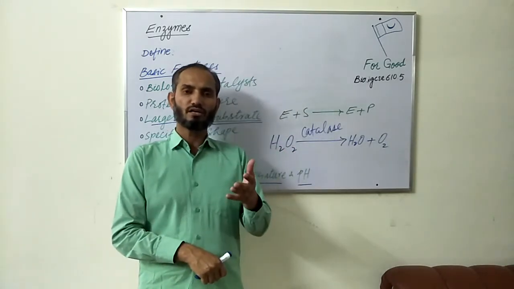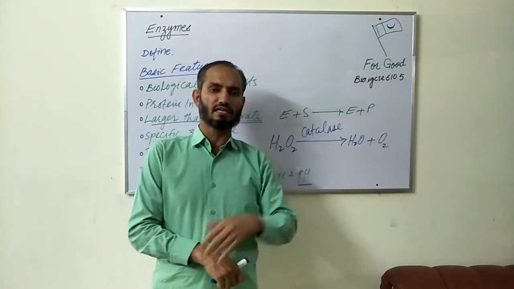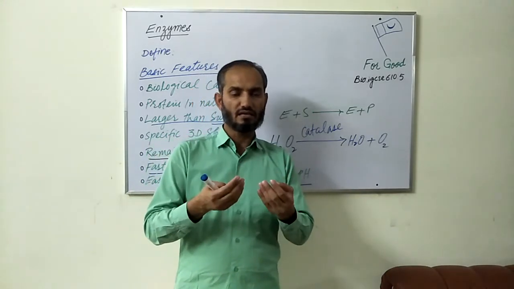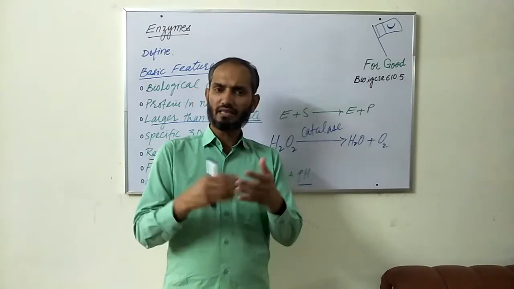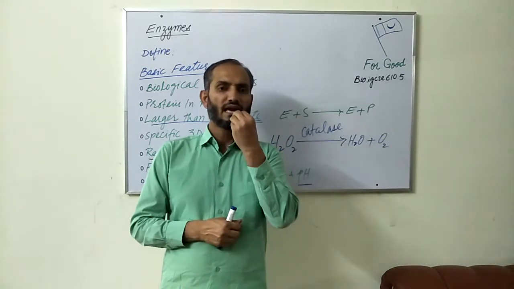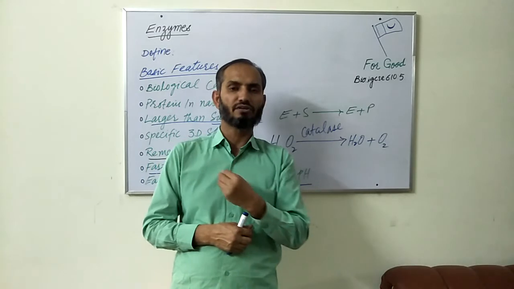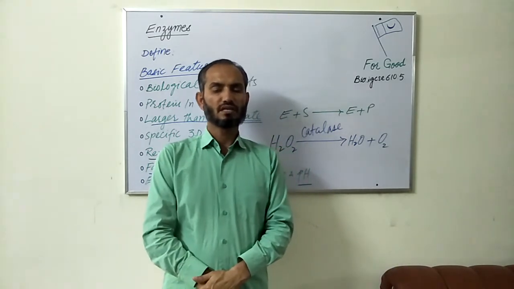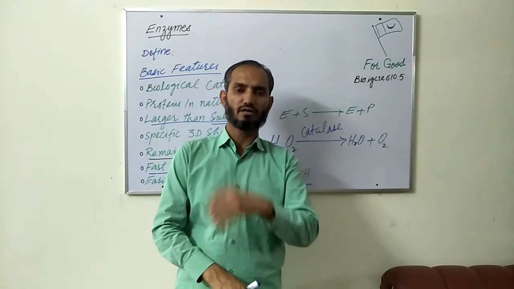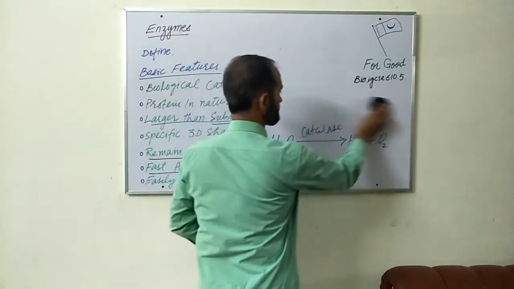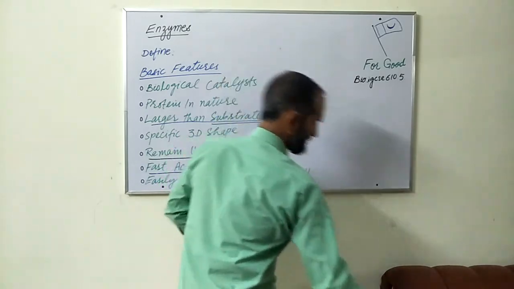While other enzymes are those which are working outside the cells. Means the cell will secrete the enzymes out of them, and they will be working in between the cells in some cavity, such as enzymes working in your mouth cavity. They are extracellular enzymes. They can also be called intercellular enzymes. So there are intracellular enzymes and there are intercellular enzymes.